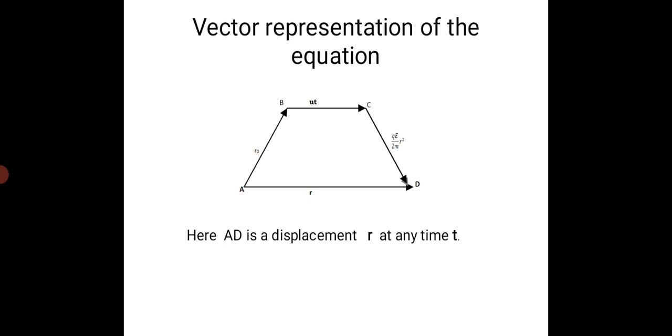This will give the vectorial representation of the equation. Here AD represents the displacement r at any time t, where AB is r0, BC is ut, and CD is QE by 2m into t square.